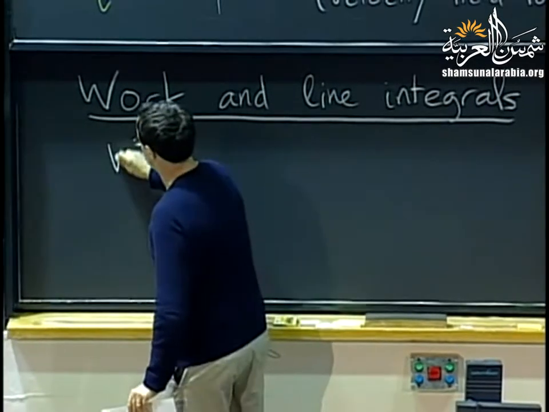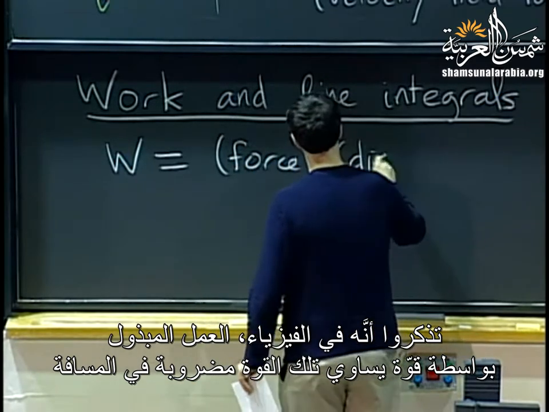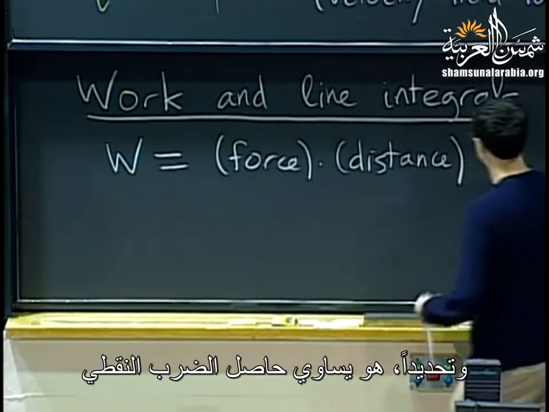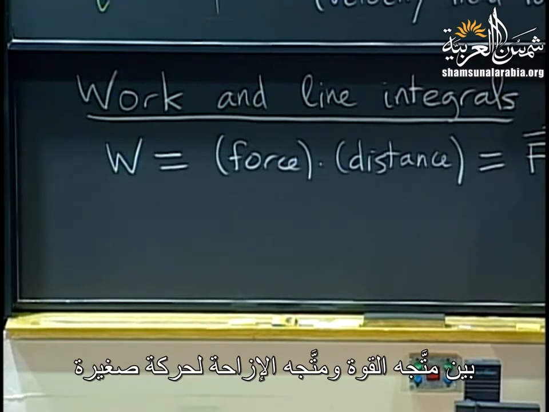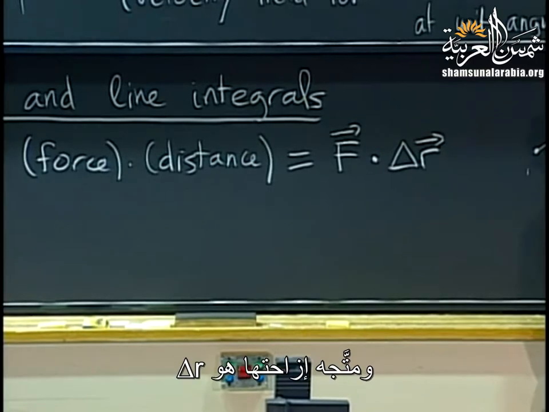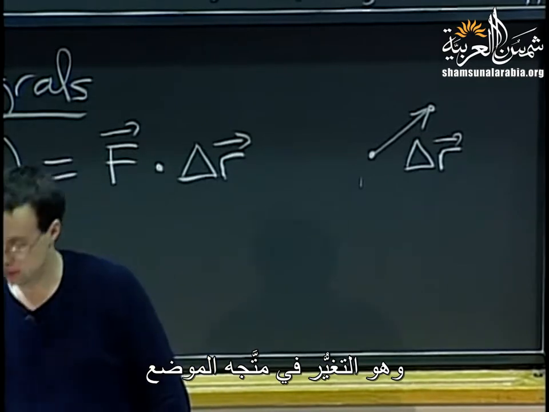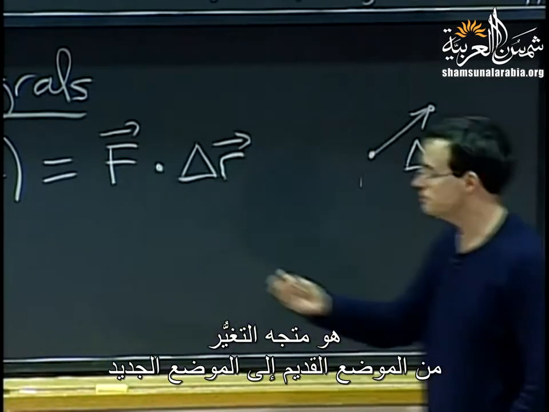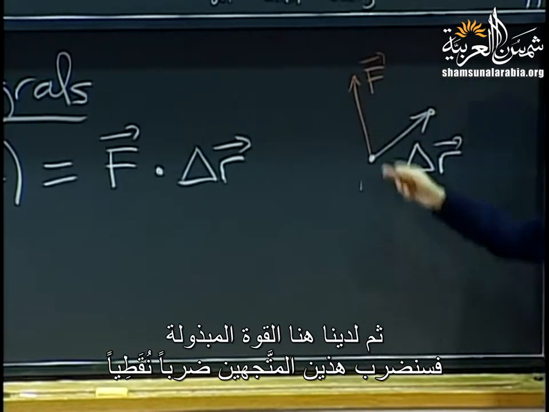Okay, so physically, remember, the work done by a force is the force times the distance. And more precisely, it's the dot product between the force as a vector and the displacement vector for a small motion. So say that your point is moving from here to here. You have the displacement delta r, that's just the change in the position vector. Okay, that's the vector from the old position to the new position. And then you have your force that's being exerted, and you do the dot product between them.